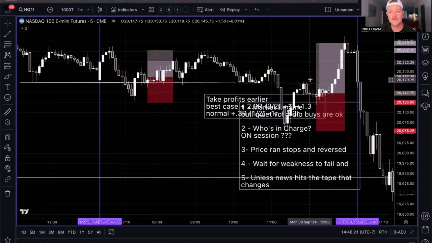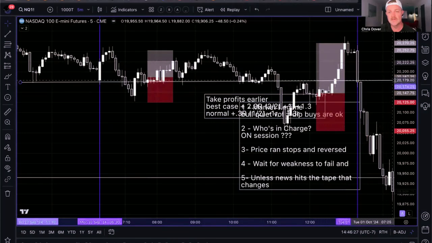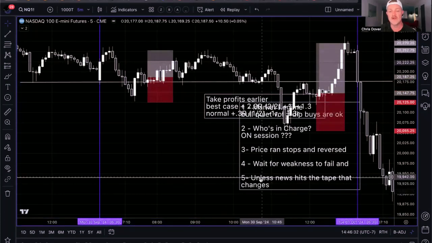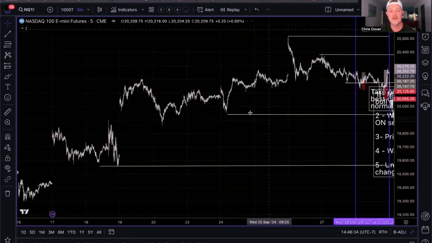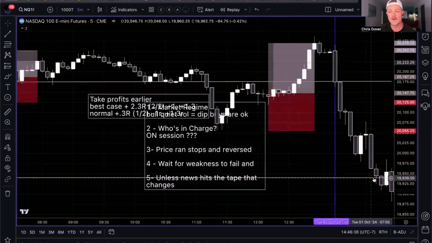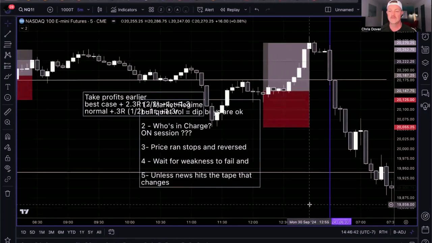Okay, so let's extend this forward as best we can, because that's still relevant. And then we have this other line that's back from here, right? This is the one. Yep. So we have support here and we're bouncing around support. So I would be looking to buy here, given a reason.